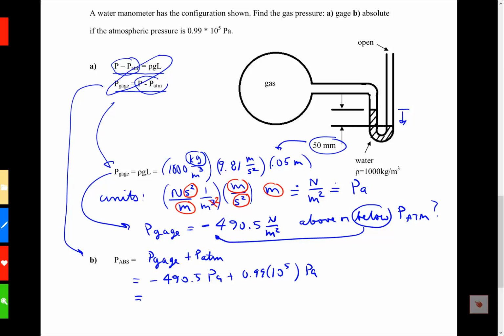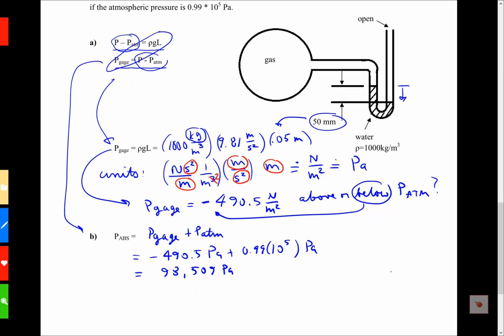And when I compute that, I get 98,509 pascals. Now that's okay, but that's 5 digits. That might be a little more precision than we need.